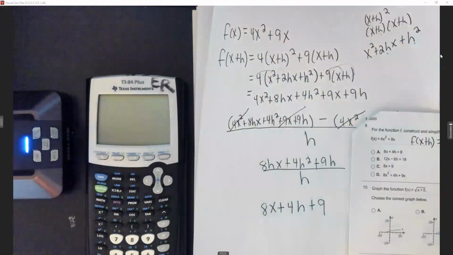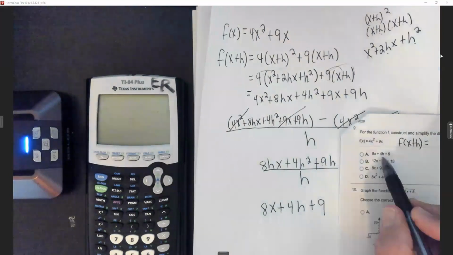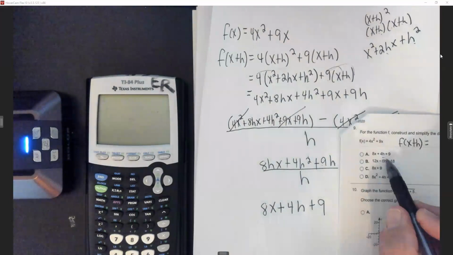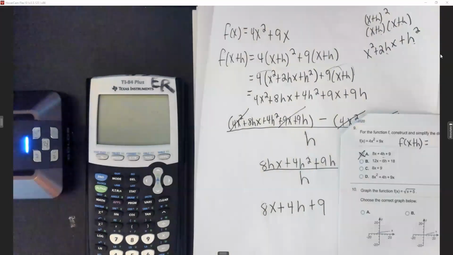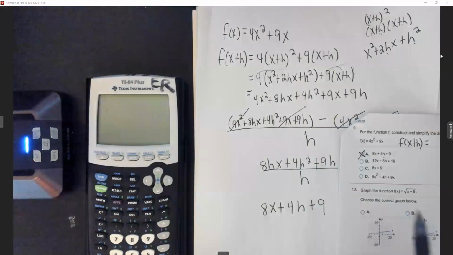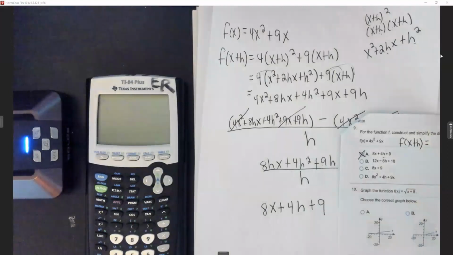Okay, so look at that. 8x plus 4h plus 9 would have been the answer for us. Now be careful, they change these numbers up a little bit to throw you curveballs, and this one, they squared it and added extra x's, it looks like, okay? So just be careful and see what you got canceling on those.